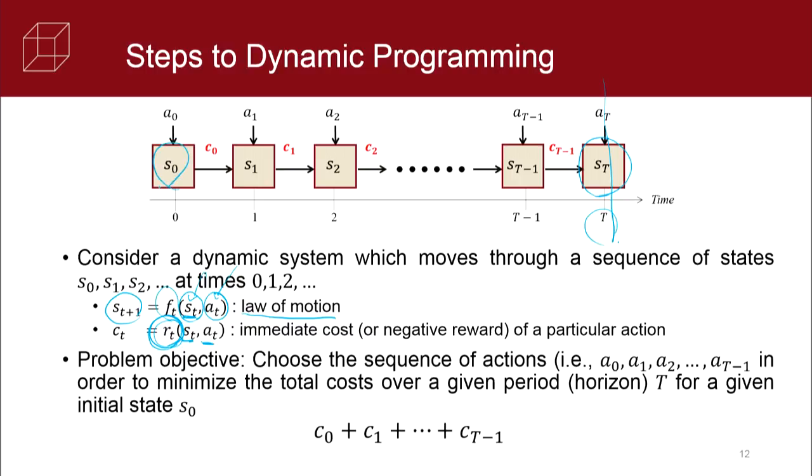So you start with s_0, and at each stage you choose certain actions, and for the given state, if you choose the action, that leads to the next state, right? And then whenever you choose a certain action, a certain reward or cost is incurred, and basically we'd like to choose the sequence of these actions to minimize the total cost.